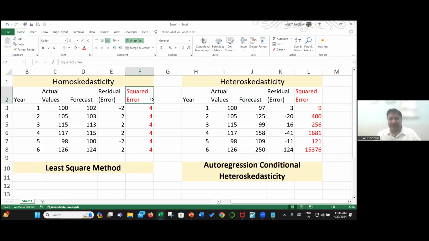I hope the heteroscedasticity concept is somehow clear to everyone, and I'm explaining it from the perspective that we are learning it for the first time. I told you the squared error will be further examined on the basis of variances and other statistical things. I'm just giving you a brief perspective in layman's language on how to make sense of these terms.